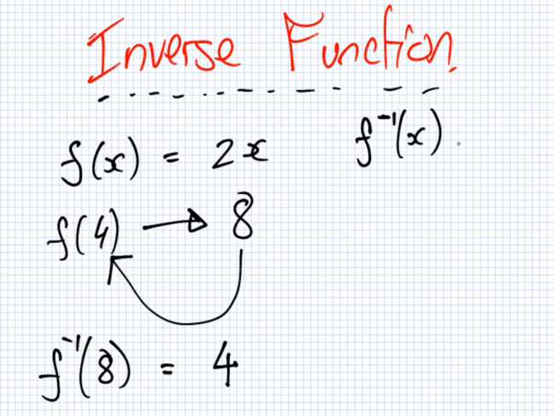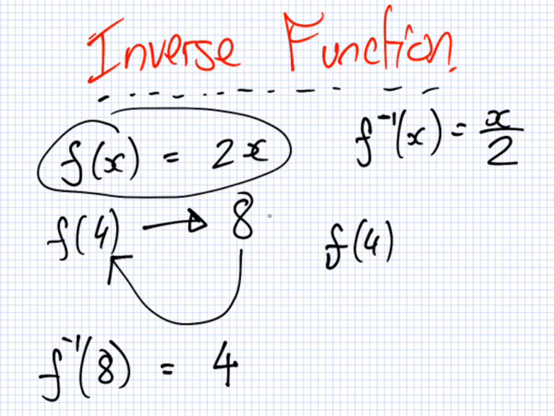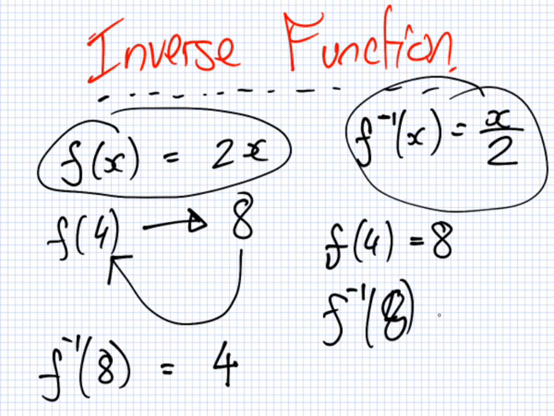We want to find a function that would let you go backwards. That is, if you calculate the function of 8, your answer should be 4. So in this case, what function would let you go backwards? x divided by 2. Yeah.